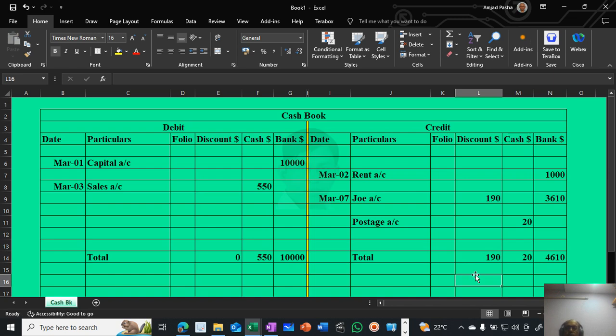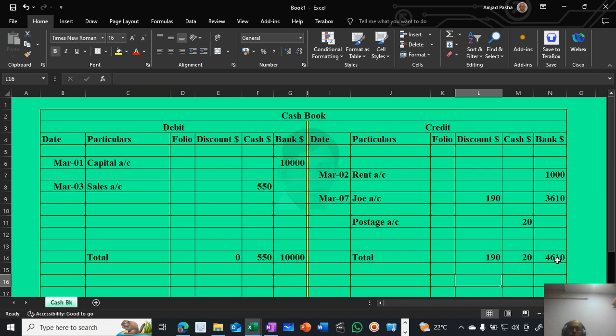You see, in cash column there is a total of 550 on the debit side. Bank column there is a total of 10,000 on the debit side. Discount column there is nil. Here discount column there is 190. Cash column 20 is on credit side. Bank column there is 4610.